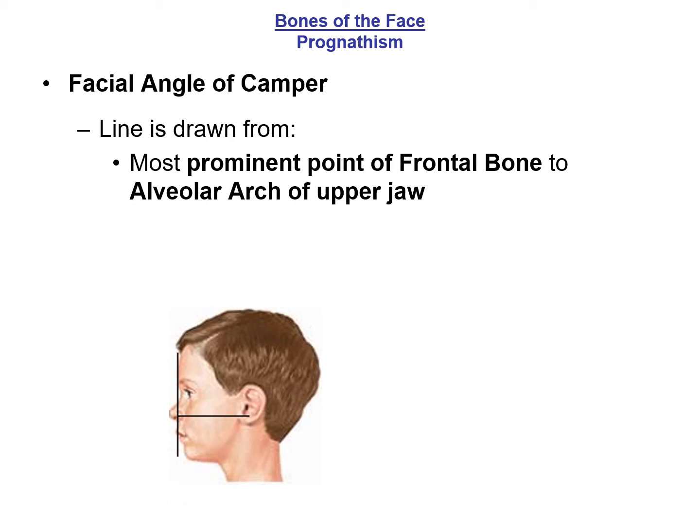And then they'll draw a horizontal line from the ear passage to the nasal spine. And so what that creates is a 90 degree angle. If it's 90 degrees, then you're technically orthognathic. You have orthognathism. You do not have any projection of your lower jaw, or lower face, I should say.